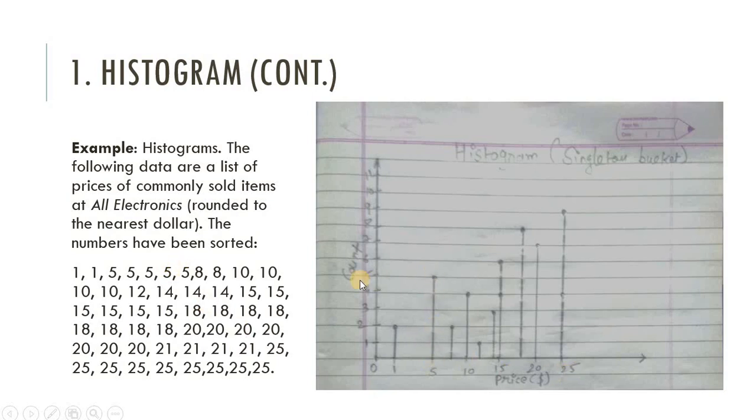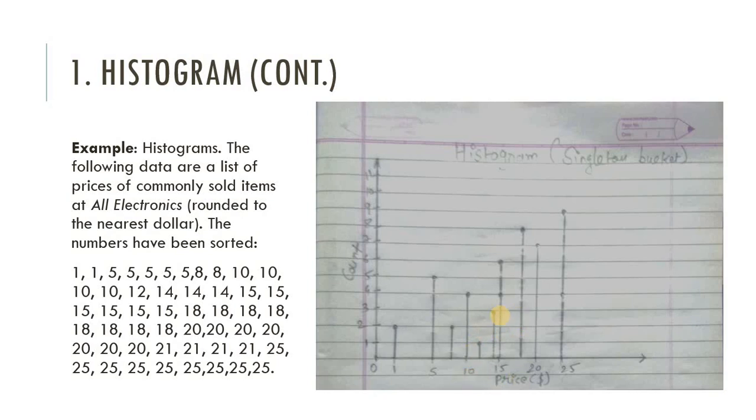Here we can create a singleton bucket. Next is the product whose price is 8. There are two products whose price is 8, between 5 and 10, so the price is 8 and it is repeated 2 times.